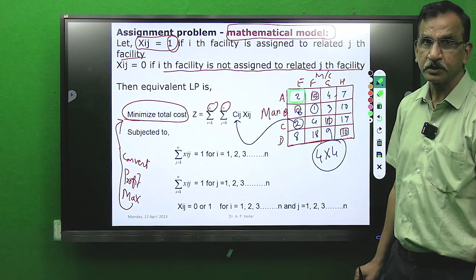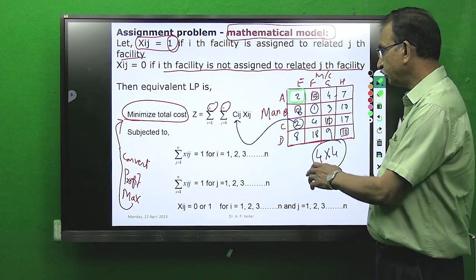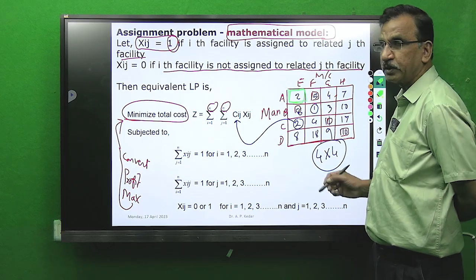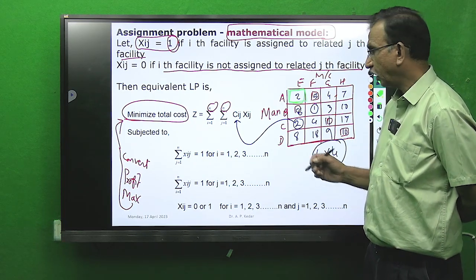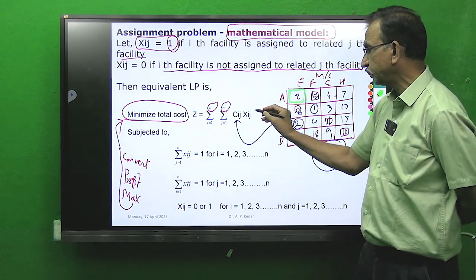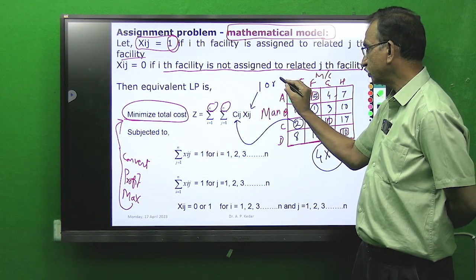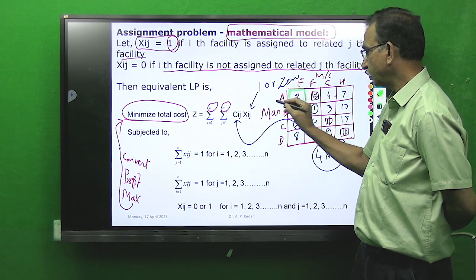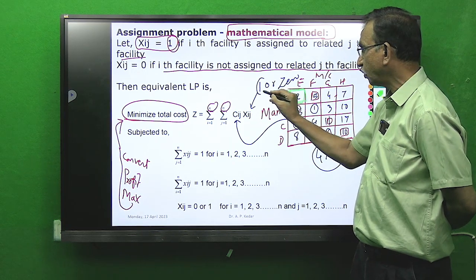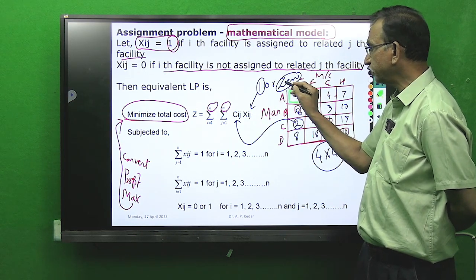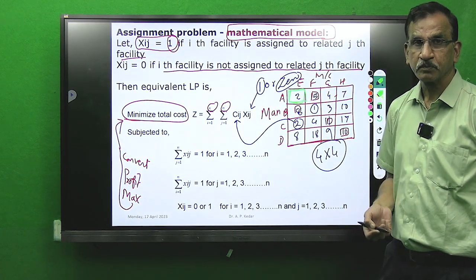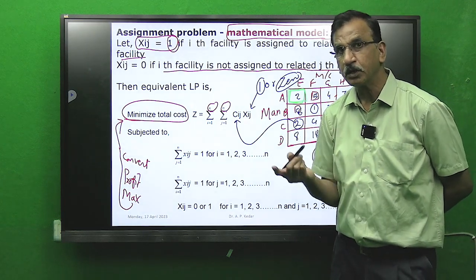Now, suppose I want to find the objective function. What will I be doing? I will be multiplying the allocated quantity, which is either 1 or 0, Xij is either 1 or 0, 0 when there is no allocation, 1 when there is allocation.